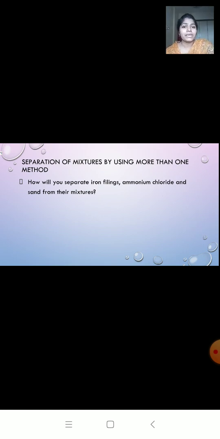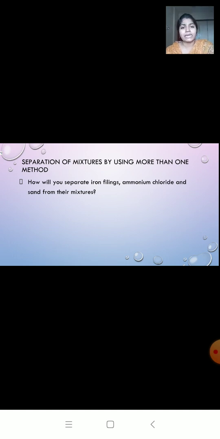Now what is remaining? Ammonium chloride and sand. We know ammonium chloride will sublime on heating. So heat the mixture of ammonium chloride and sand. As you start heating, ammonium chloride will turn into vapors, and when you cool the vapors, we'll get the ammonium chloride back.